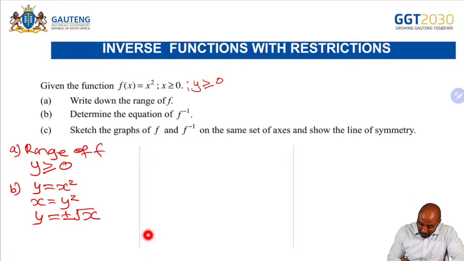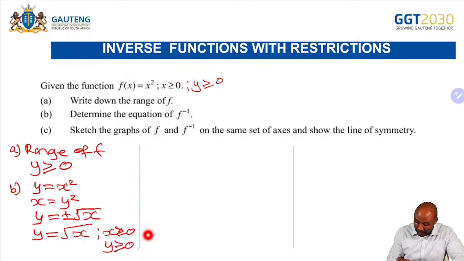But because I'm only dealing with a restricted domain and range, I will only take the positive square root of x, because my x is greater than or equal to 0. Whatever was my y here becomes my domain here. And my range also is given by y is greater than or equal to 0 there.